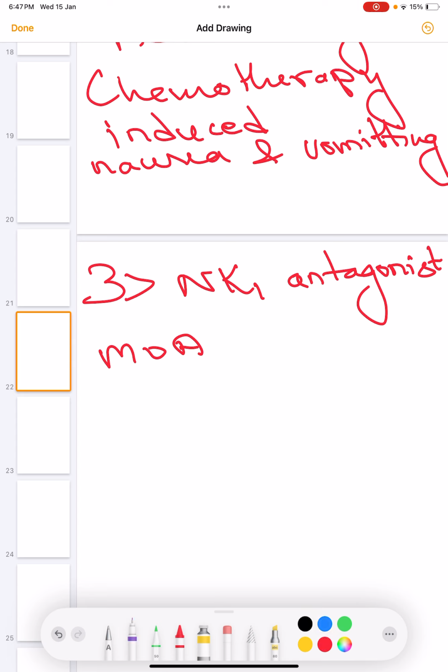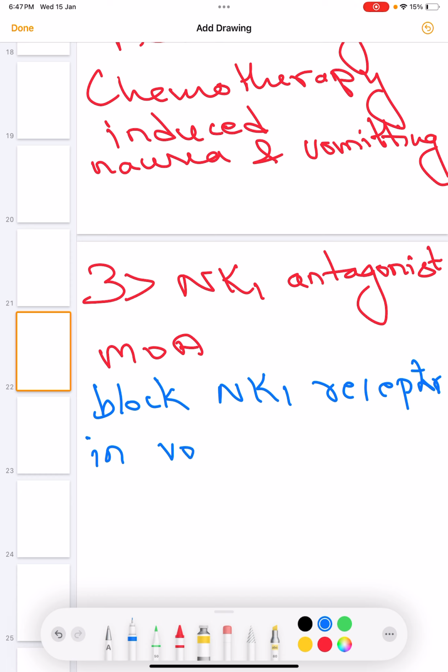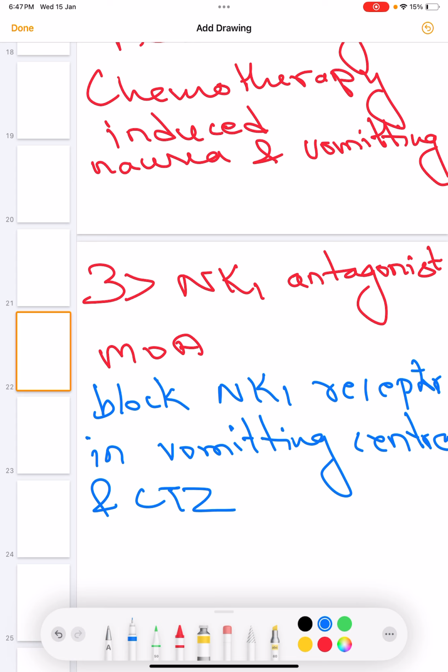What is the mechanism of action? They block NK1 receptors in vomiting center and CTZ, chemoreceptor trigger zone.